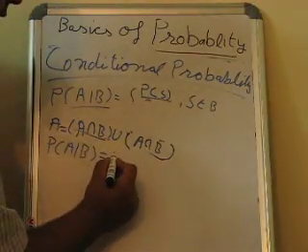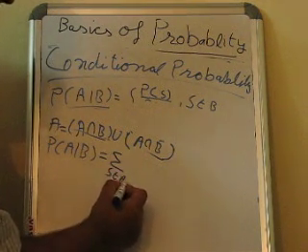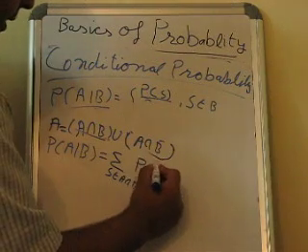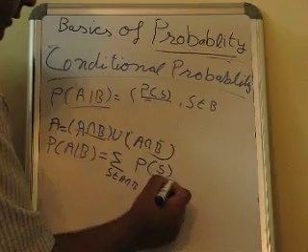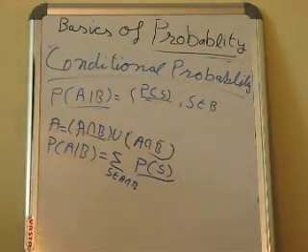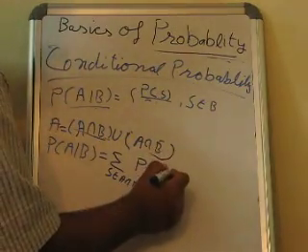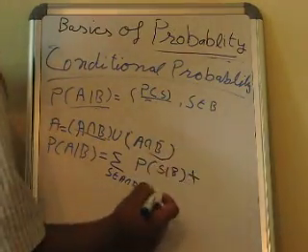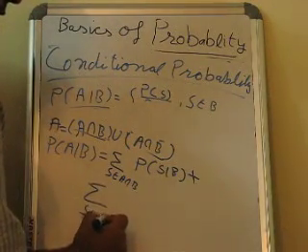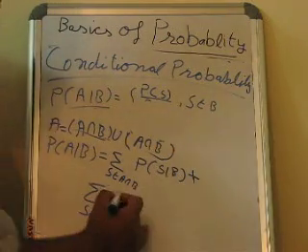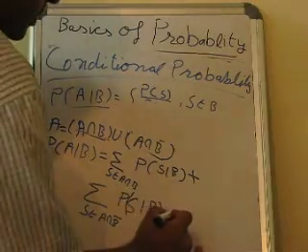It will be summation over S belonging to A intersection B of P(S), plus summation over S belonging to A intersection B bar of P(S).